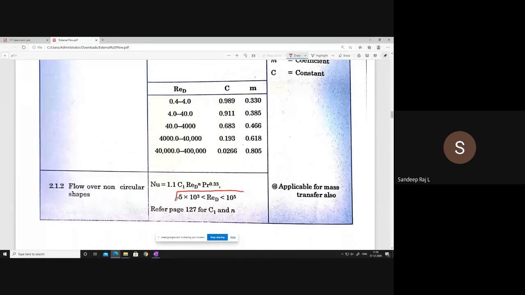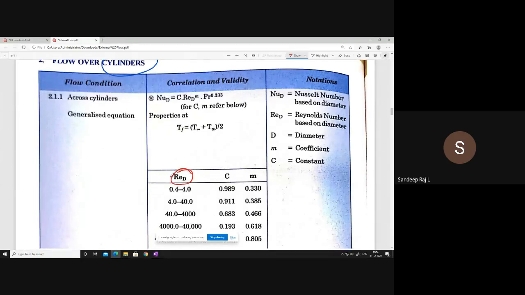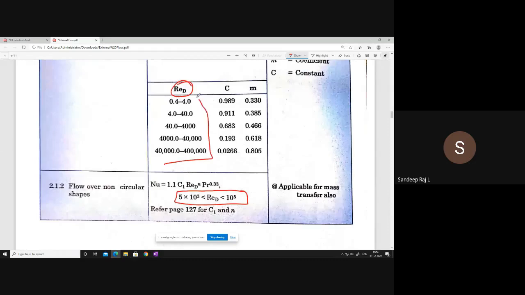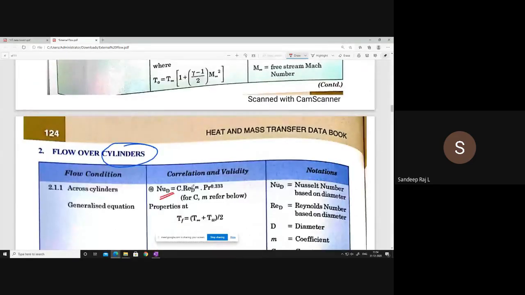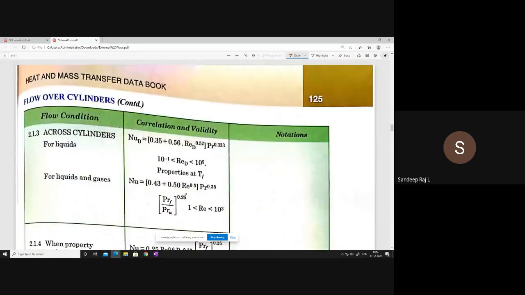See here, for each case, it is giving you the Reynolds number values. Here also the Reynolds number values are mentioned to you. Based on the Reynolds number value that you are getting, you will choose the kind of Nusselt number formula, like in your internal flow, and the same thing you will follow here for the cylinders.